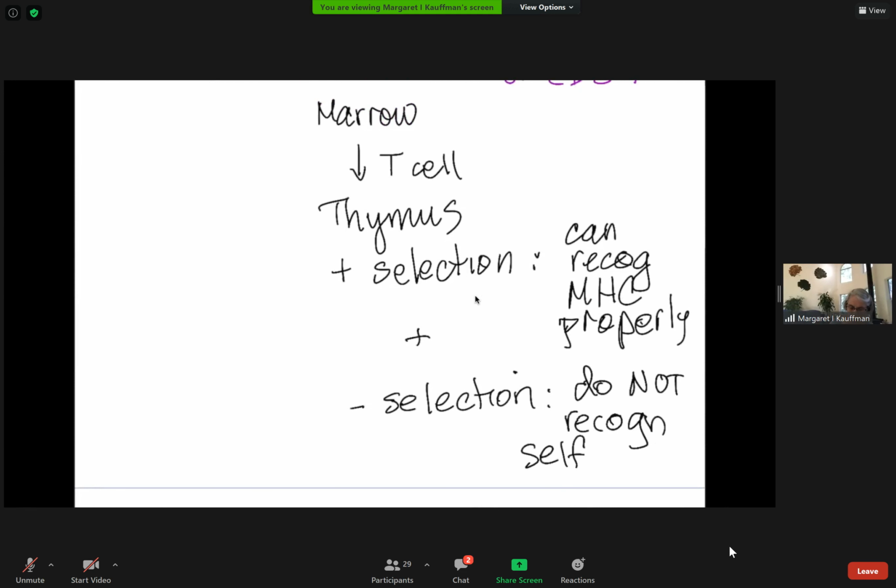All right. So when we talk about cytotoxic T cells killing your own body cells, you want to make sure that you're not sending these killers out and they're doing damage to your own body.